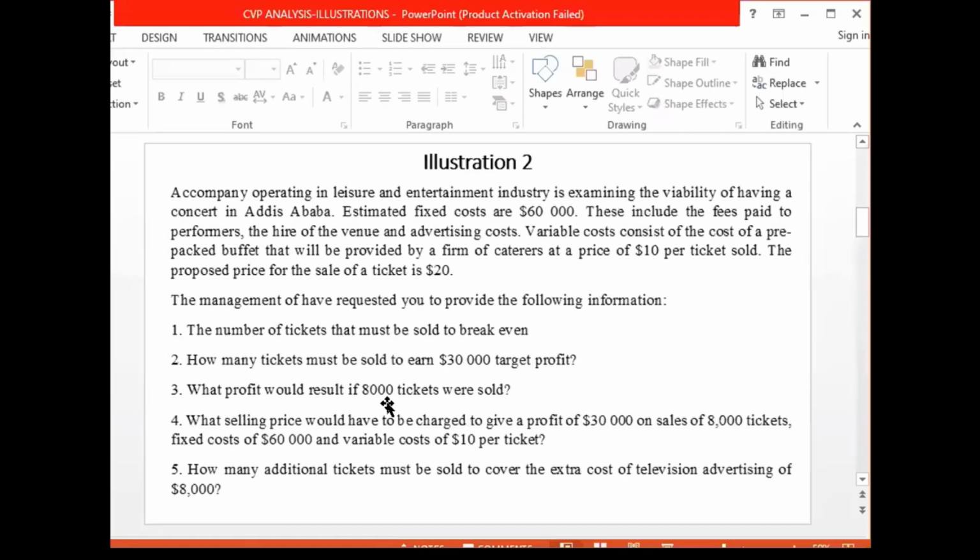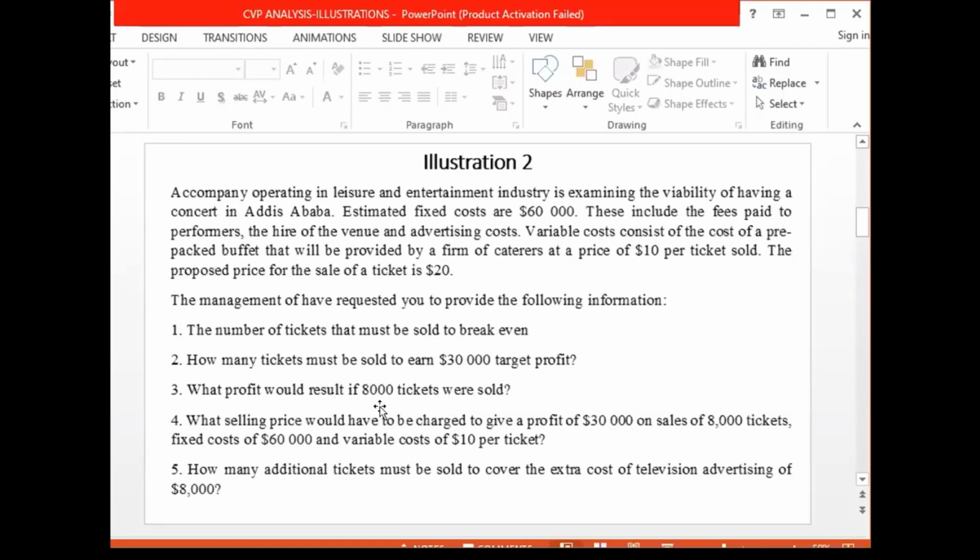Okay, so total contribution. Our total contribution is 8,000, where 8,000 is our number of tickets.